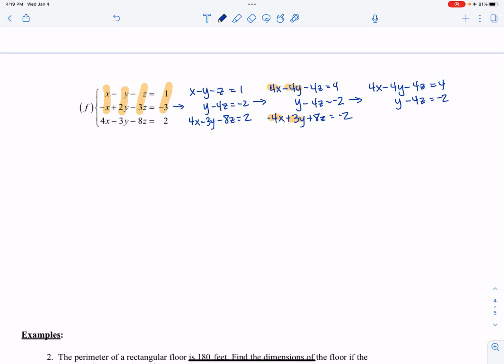And then we have negative y and negative 4 plus 8 plus 4z. And then we have 4 minus 2 is 2. And these two equations are the same if we multiplied out a negative. And since we have two of the same equation, we have another infinite solutions problem here.